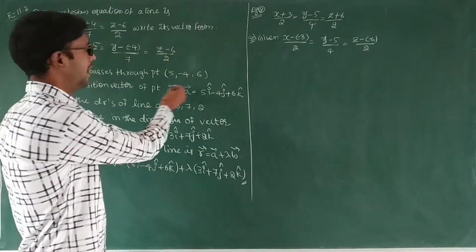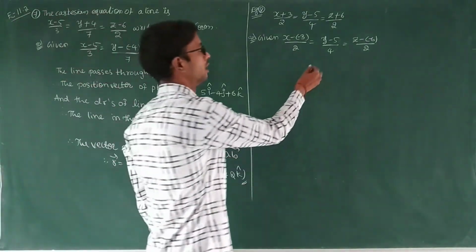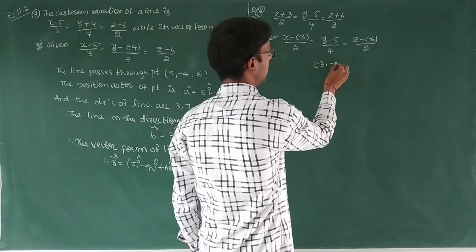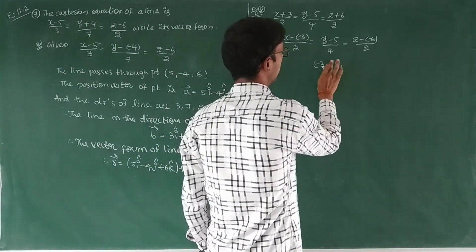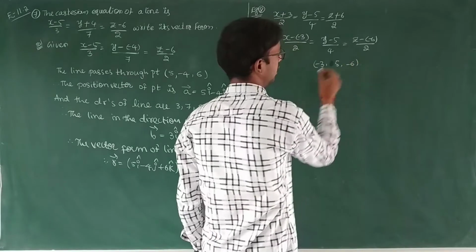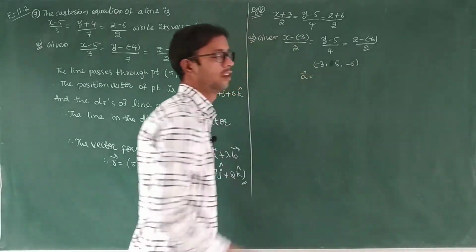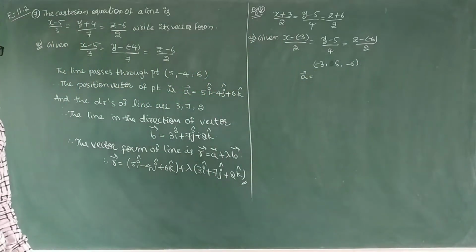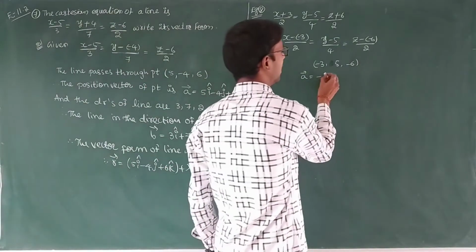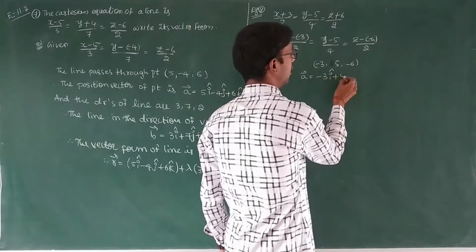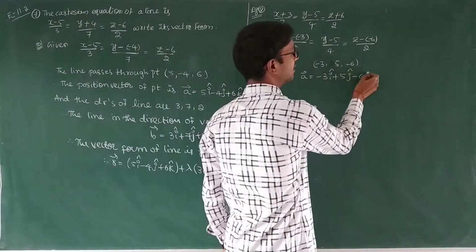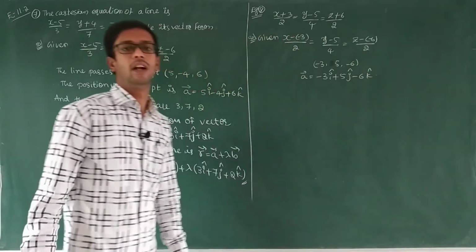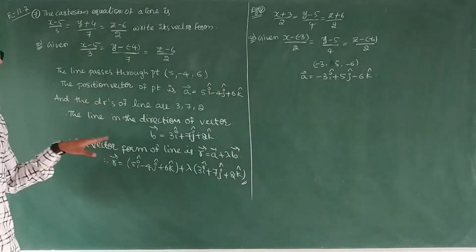Therefore, the line passes through which point? (-3, 5, -6). So the position vector of the point is a bar. A bar is what? -3 i cap + 5 j cap - 6 k cap. Similar way we have to write this one.